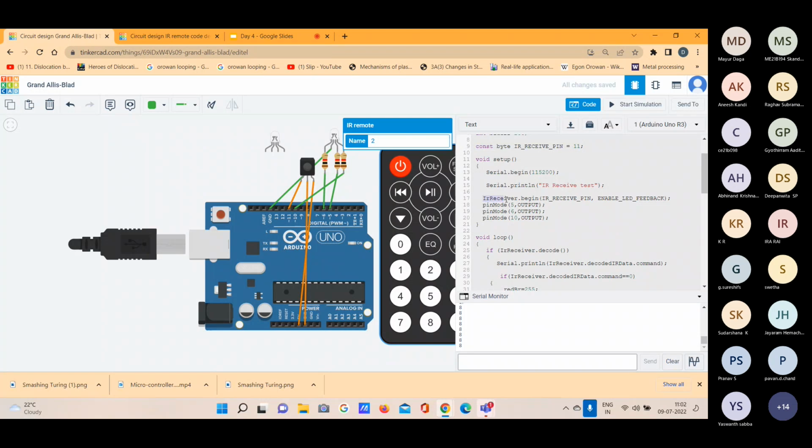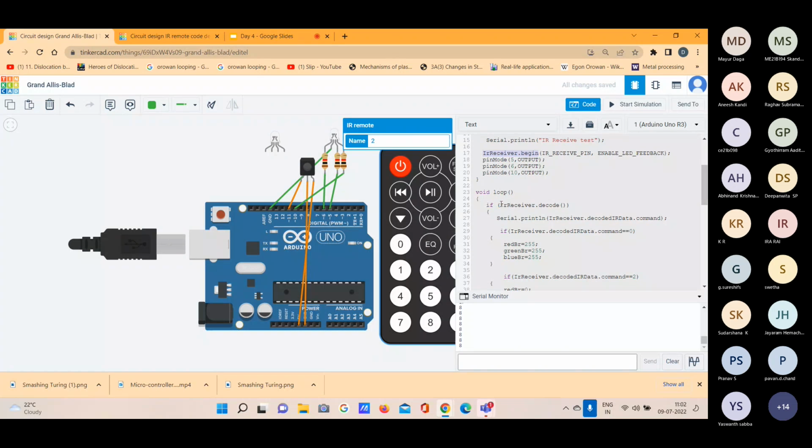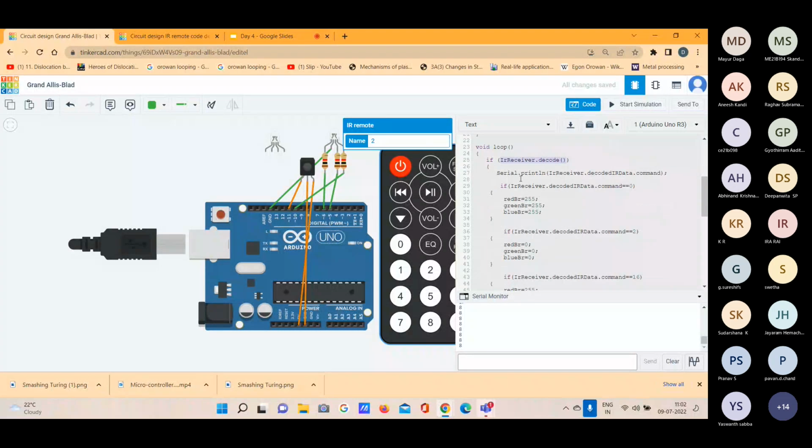This goes to the function IR receive dot begin, and if I decode the IR result, the signal I received from the transmitter, then it should print this. Now this is not hexadecimal; it will print some other value.